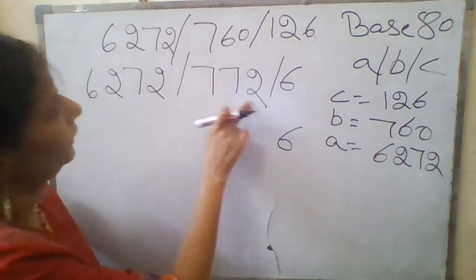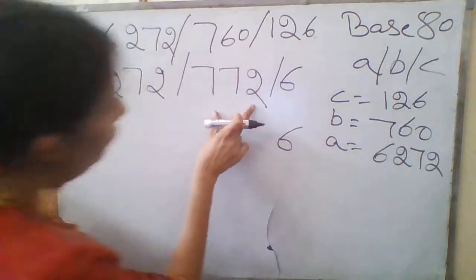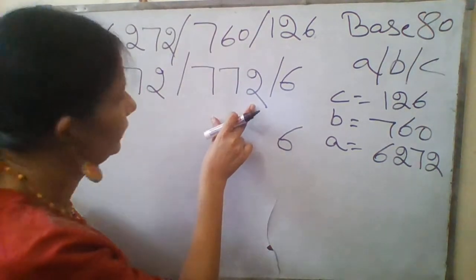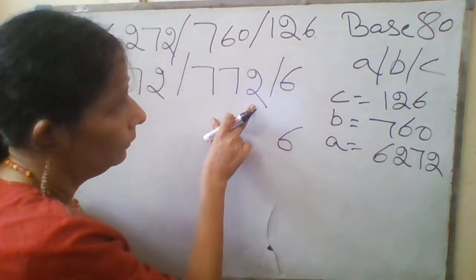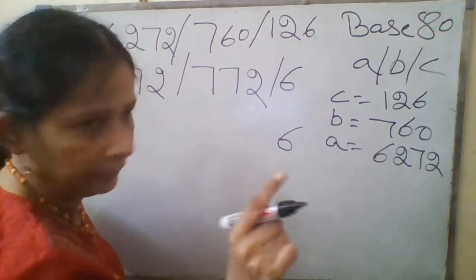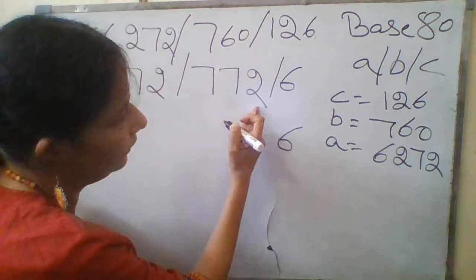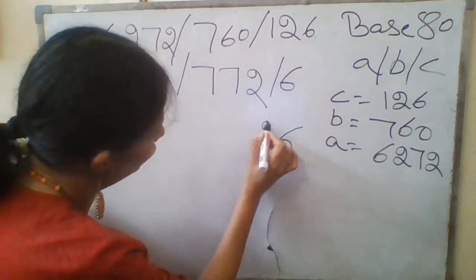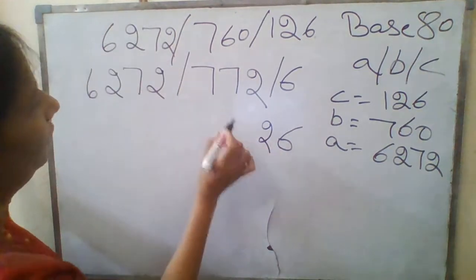Now look at this. From here also you can see 3 digits are here, but only 1 digit again. So what is the last digit? Only 2, so 2 you will write down here.